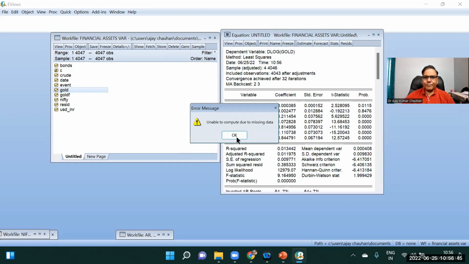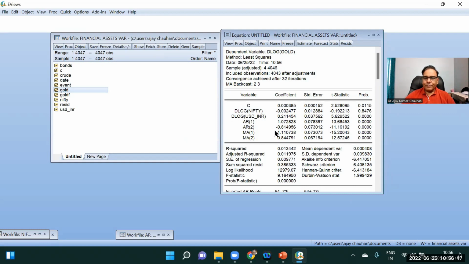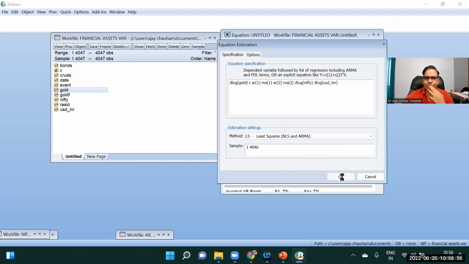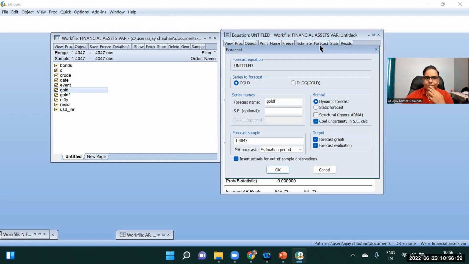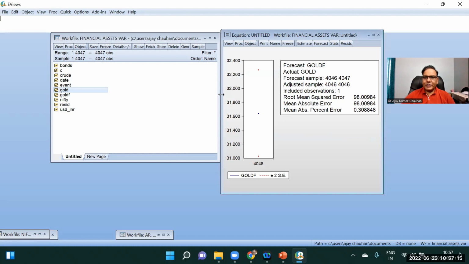The software is saying some missing data. Okay, so in this way, you can see the forecasted value of gold for the next day is this.